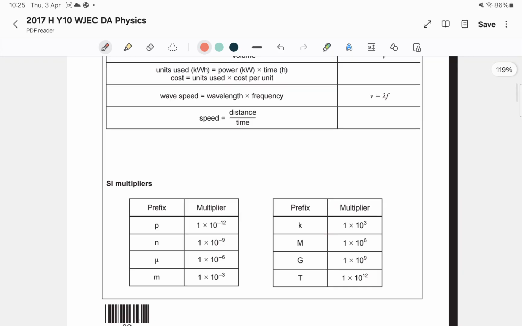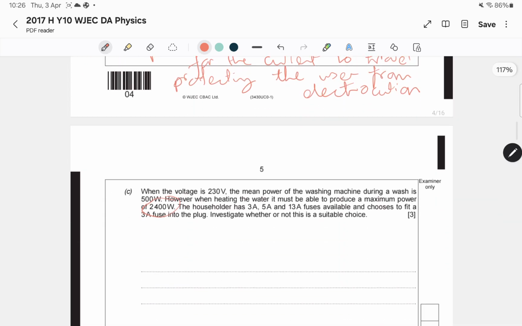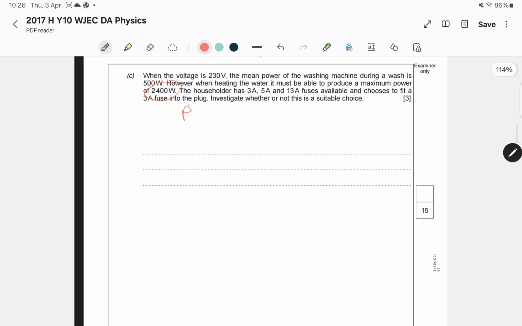I'll go to page 2. I'm going to use this equation here to find out the current, because it's to do with the power and the voltage, which is also in the question, but I've got to rearrange it. So I'll start by just writing that equation out. Power is voltage times current. That's what it said on page 2, but I want to find the current, so I'm going to do it that way.